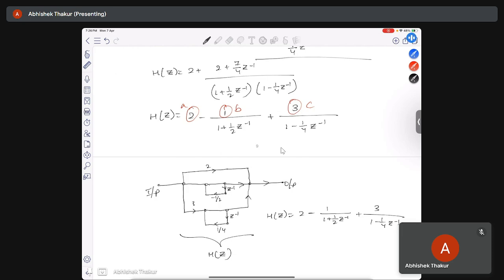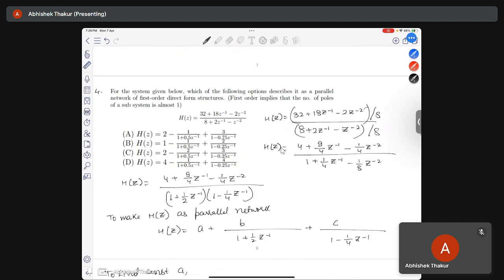And for that we have to multiply it by minus 1. So the correct answer is option number A for this question. Okay.